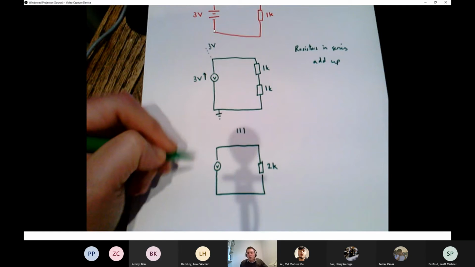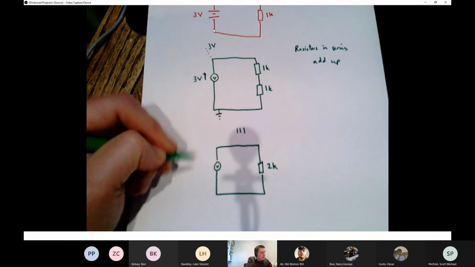And I guess most people might well have intuited that anyway, had a sense that these two resistors right next to each other could be combined into one resistor with their values added together. And that intuition turns out to be right.